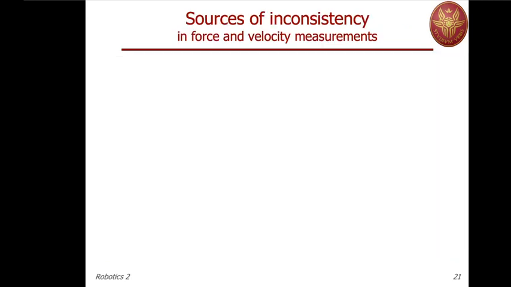So let's see at this point what happens in the real world. What are the sources of inconsistency when we get force and velocity measurements from the robot and from its force torque sensor, and they are different from what we expect the interaction model to be? So the first cause of this inconsistency is the presence of friction at the contact, like in the previous cases.